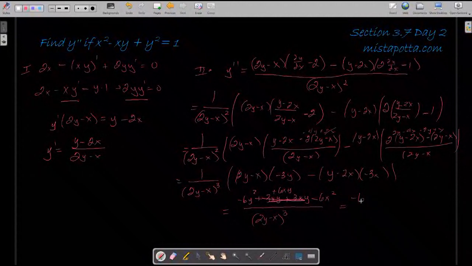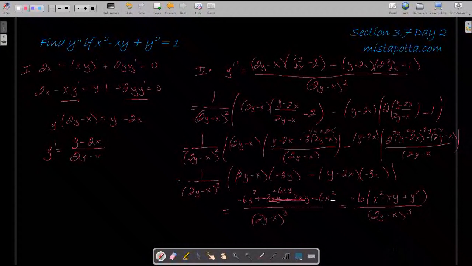So when I factor a negative 6 out, I end up with a positive x squared, that's this term, minus xy plus y squared, that's this term, all over 2y minus x cubed.